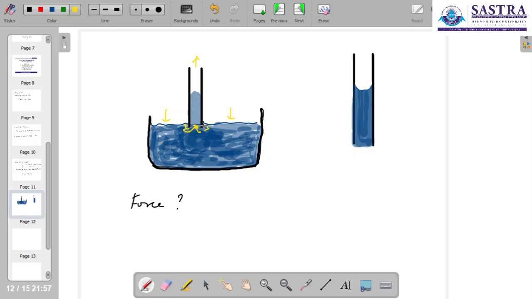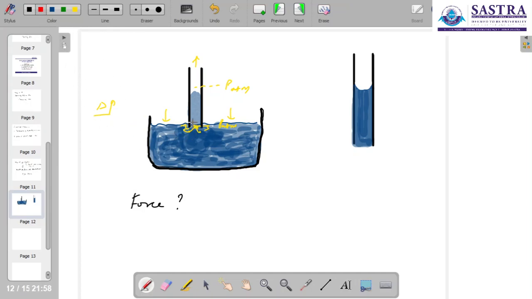This pressure is equal to atmospheric pressure, and the pressure here is also atmospheric. We really don't find any pressure difference between the two fluid layers, so the pressure force could not be the reason for this pushing of fluid into the capillary.